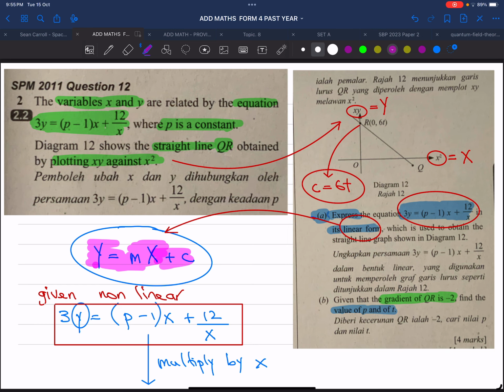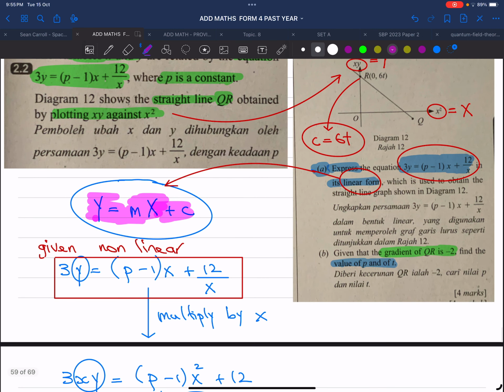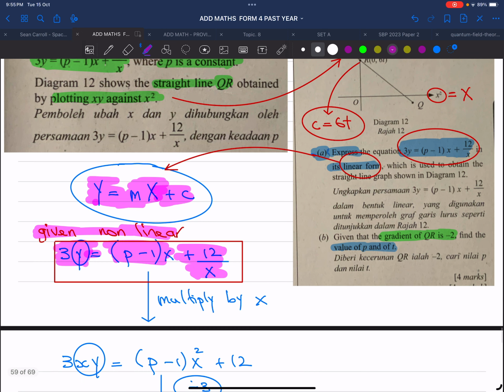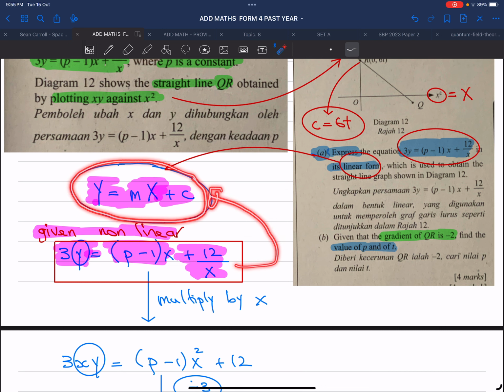If we were given the non-linear equation 3y equals (p minus 1)x plus 12 over x, we must change it to a linear equation, capital Y equals mX plus c.